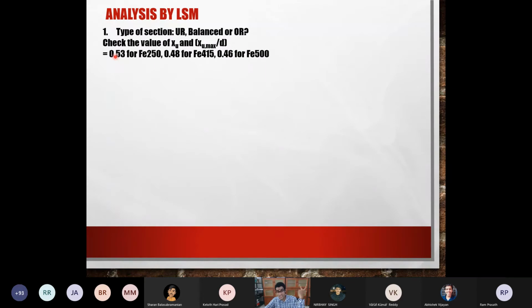These days you have up to Fe600, or even more. If you want to know this value for those grades of steel, approximately you can find it using the same formula, though it is not exactly accurate for grades higher than 500, because for grades greater than 500, the shape of the steel stress-strain curve has a slight variation.